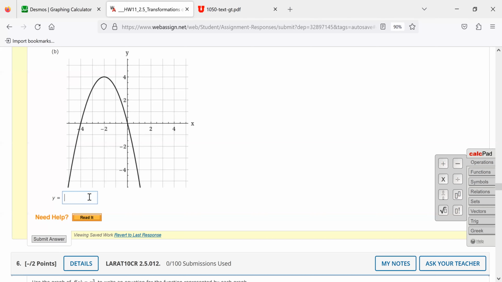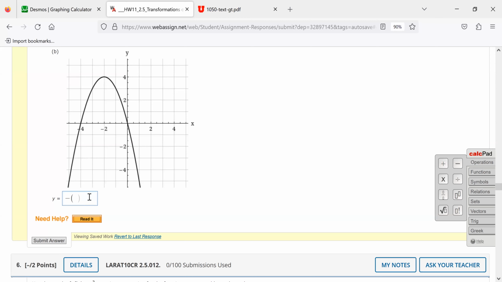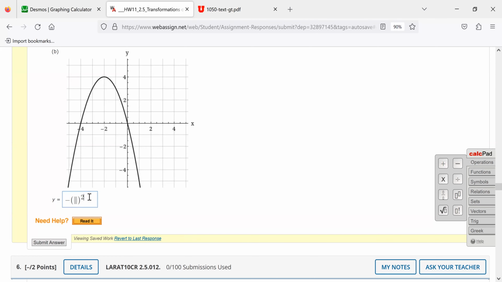So we know there needs to be a negative in front, right? And we know it's quadratic. If we're shifting left 2, what goes inside the parentheses?